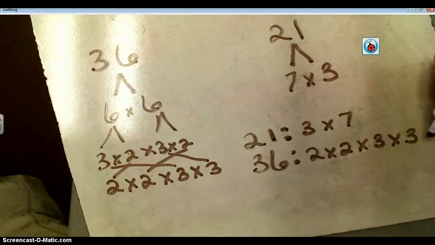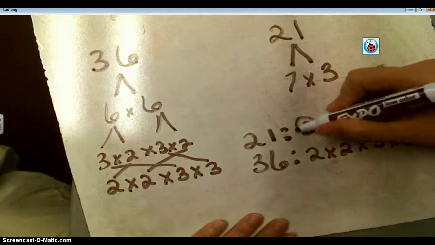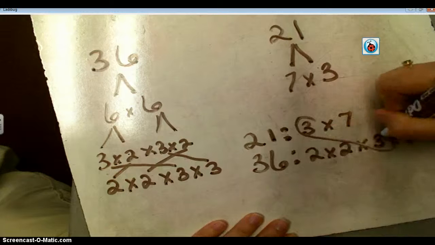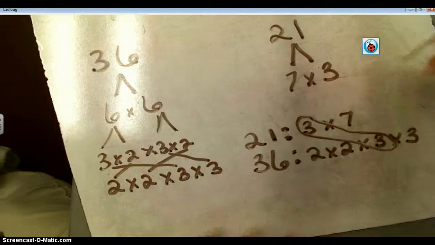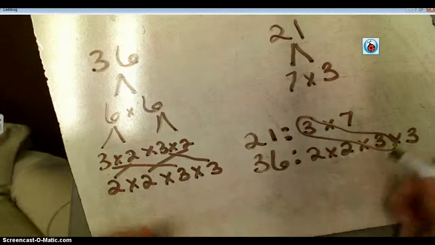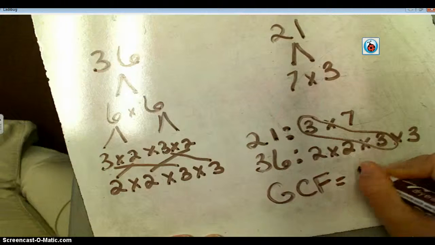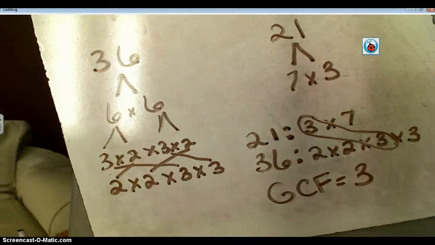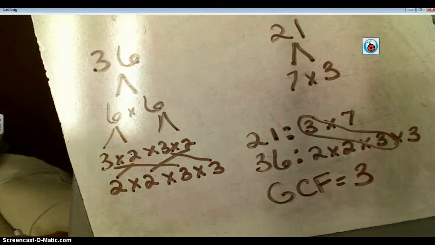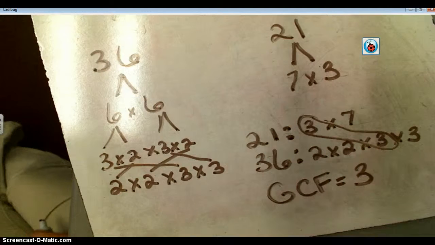Are any of those the same? Which one? 3. So we're going to take the 3 from 21 and one of the 3's from 36. I don't have any other, so my greatest common factor is just 3. That is the only factor that is in common between those two numbers.